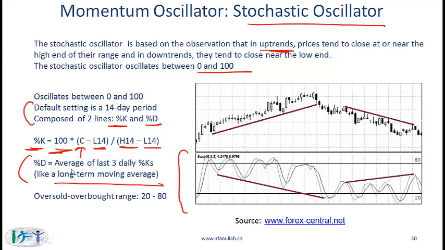That is simply the average of the last 3 daily percentage Ks. This is more complicated than the previous oscillator, and I think the probability of being tested on the details of this formula is very remote. Just recognize the basic item given over here, and here also we have a concept of oversold and overbought, and that range is 20 to 80.